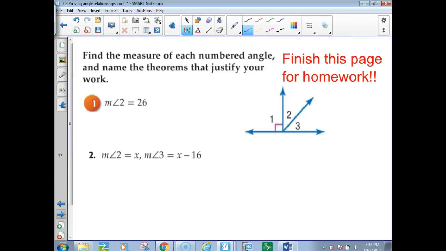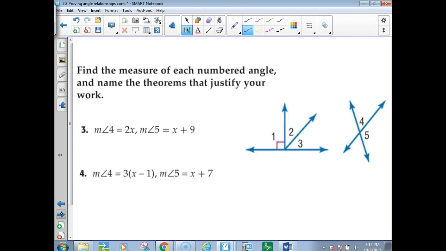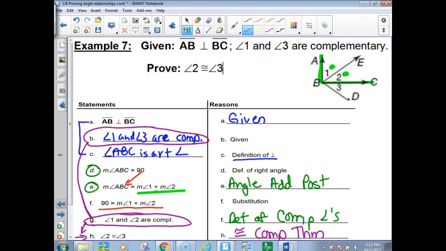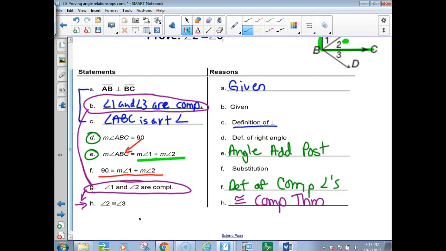Okay, so these next questions here, finish this page, please. There's only like a few questions on there. Yes, Bryce? Sure. Right here? The other thing I thought we would do is maybe look at a couple of proofs from Wednesday in our 2.8 packet that you'd like me to go over, maybe.